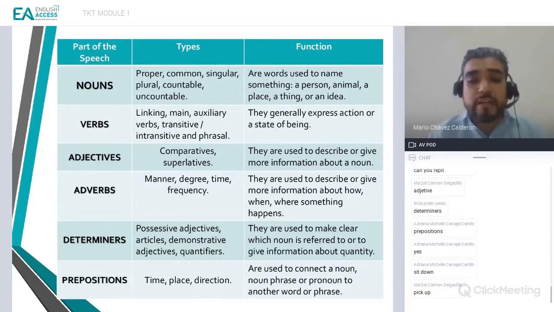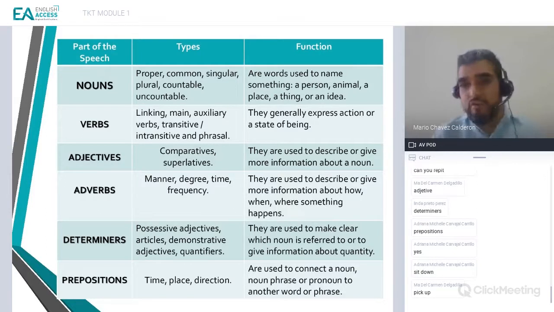Prepositions are used to connect a noun, noun phrase, or pronoun to another word or phrase. For example, prepositions of time. When you say in the morning, in the afternoon, right? In the spring, right?